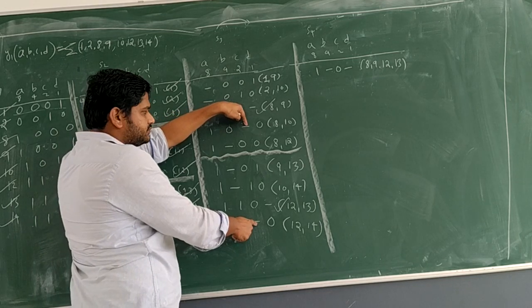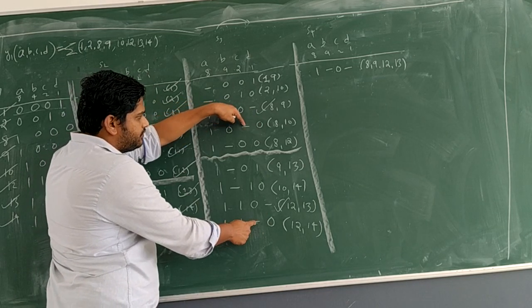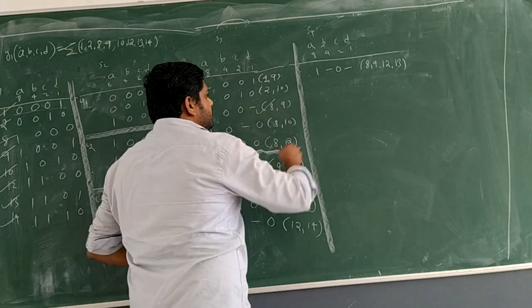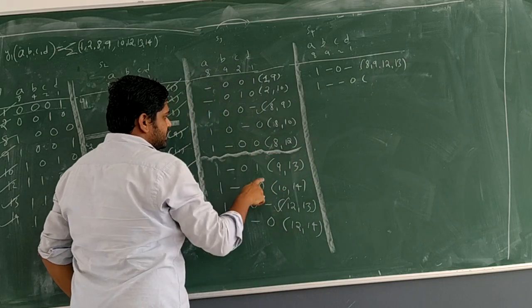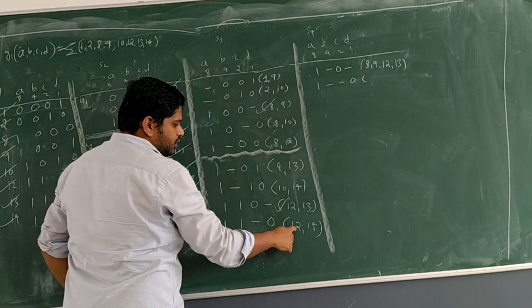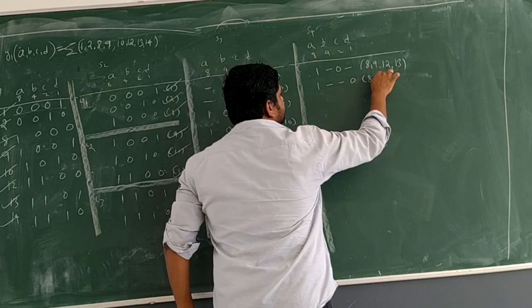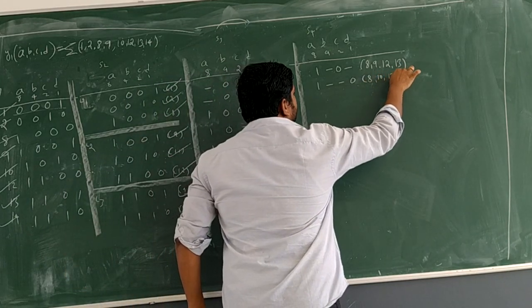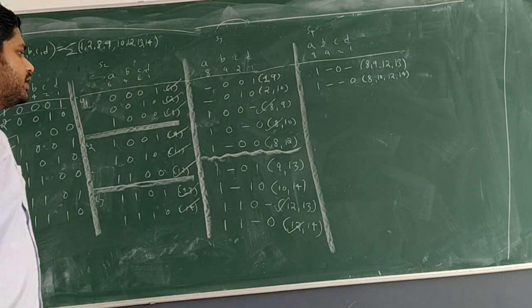Hyphen is already there. 0 is there. 1 hyphen 0. So what is that? 8, 10, 12, 14.